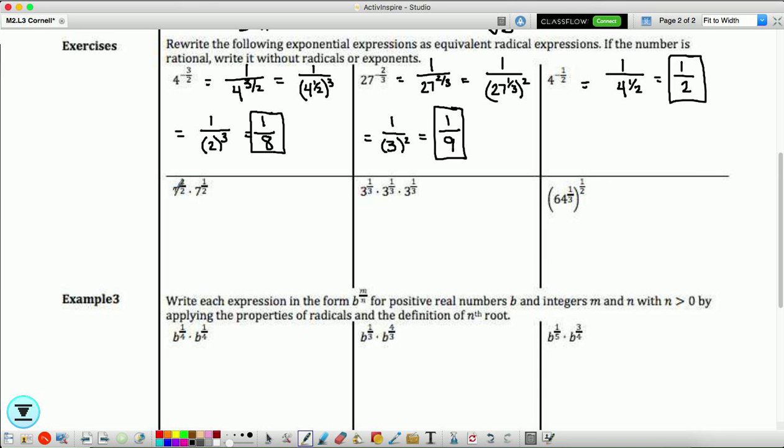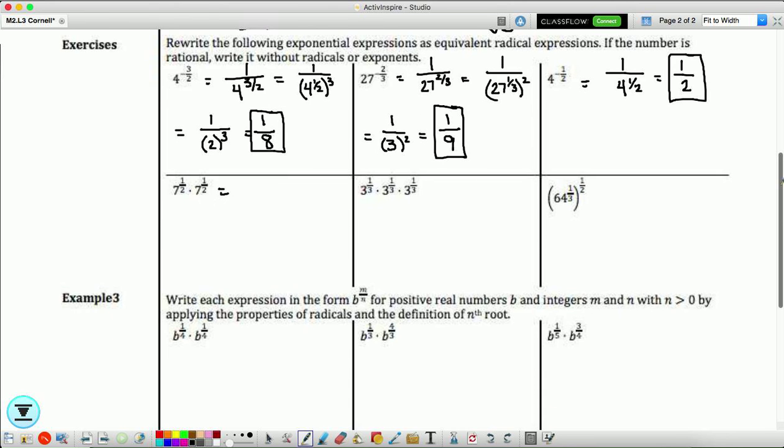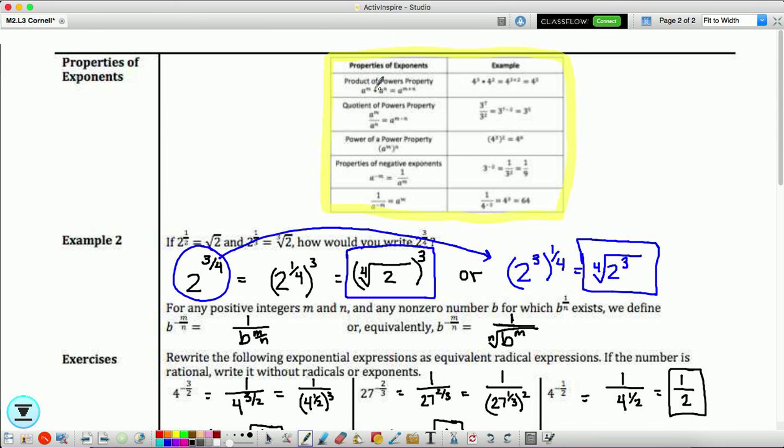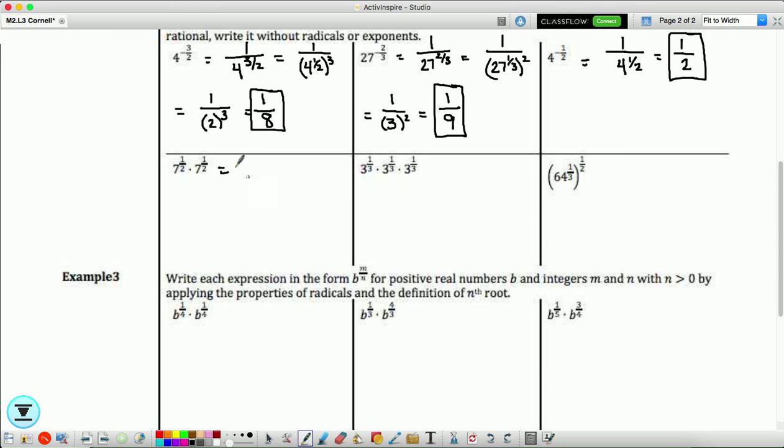This here, since the 7s are the bases, so it's 7 to the 1/2 power times 7 to the 1/2 power, thinking back on these properties of exponents that are right above, if I have two things with the same base, all I have to do is keep that same base and add those exponents to each other. So in this case, I would have 7 to the 1/2 plus 1/2, which really becomes 7 to the 1st power, or just 7. So that's an easy one.